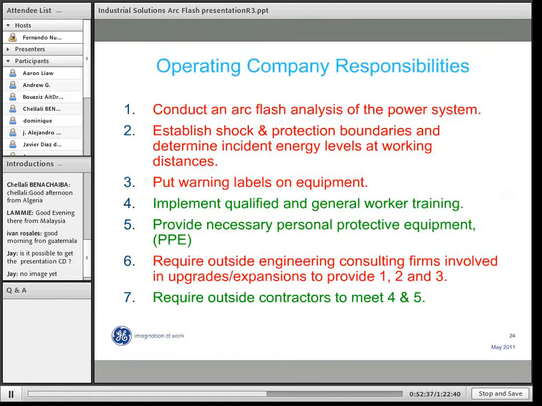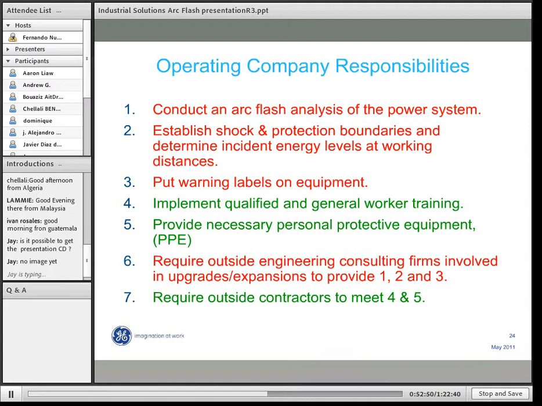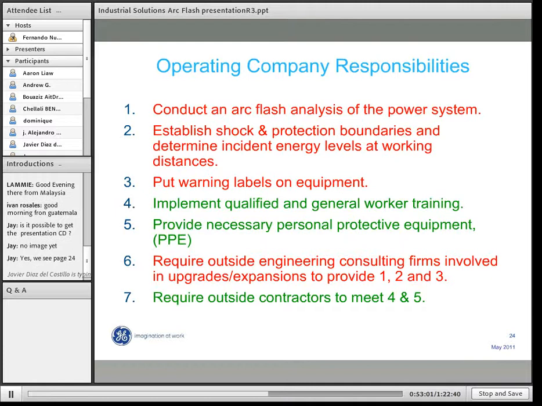Now I see page 24. Yeah, indeed. Thank you. Are you able to see the slides now? Yes, it works. Okay, I just had to reload it. I did a refresh of Internet Explorer.